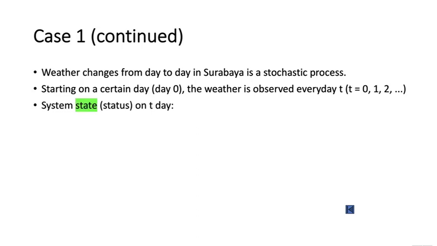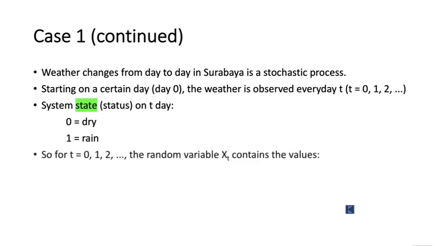The system state on day t, we define 0 to be dry. It's just a code, right? And 1 becomes rain. So for t equals 0, 1, 2, the random variable Xt takes the value Xt equals 0 if dry and Xt equals 1 if rain.